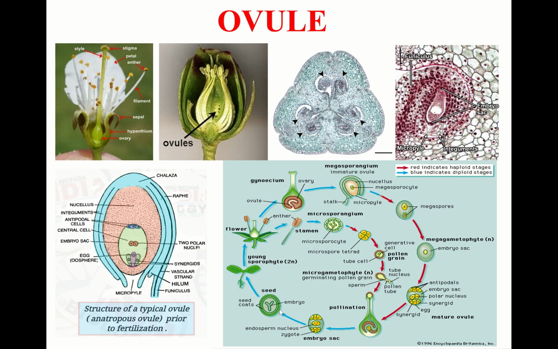The endosperm, which is triploid in nature, delivers nutrition to the developing embryo, and the embryo will germinate into a plumule and radicle. The plumule develops the upper portion of the plant, whereas the radicle develops the root structures.